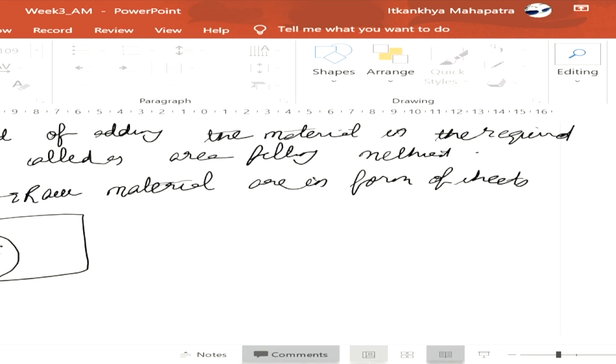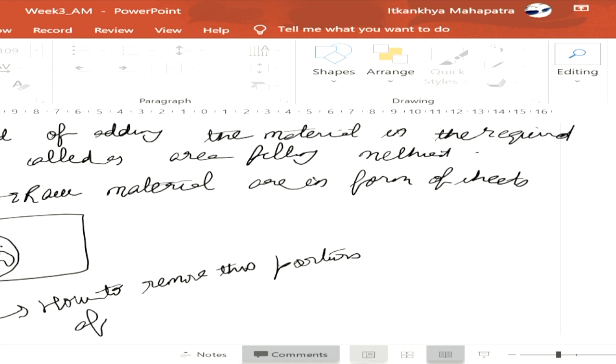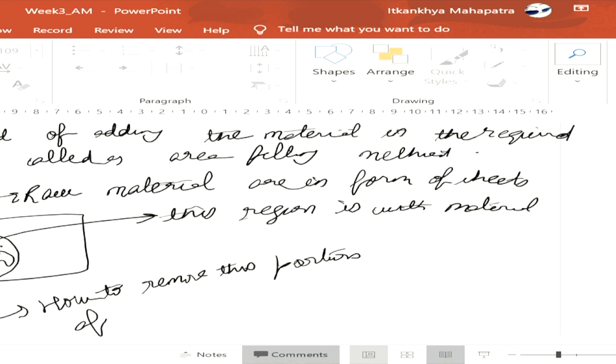Now we have to remove this portion. How to remove this portion after completion? This is the part, outer boundary, inner boundary. Now this region is with material, and this region with material will also be separated out. So how to remove the portion after completion of the part?